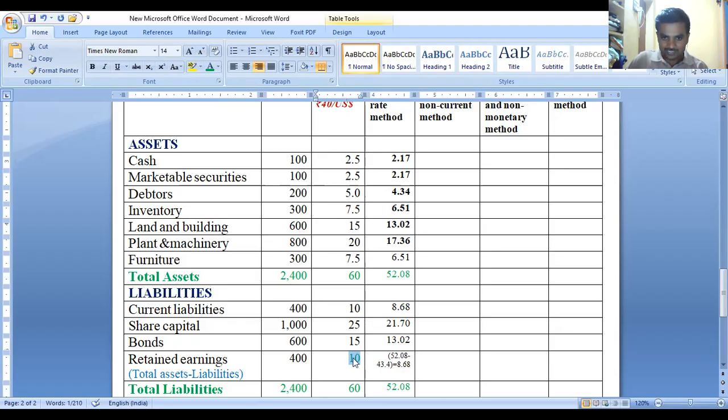So what is the difference? It is 10 minus 8.68, so it comes 1.32.